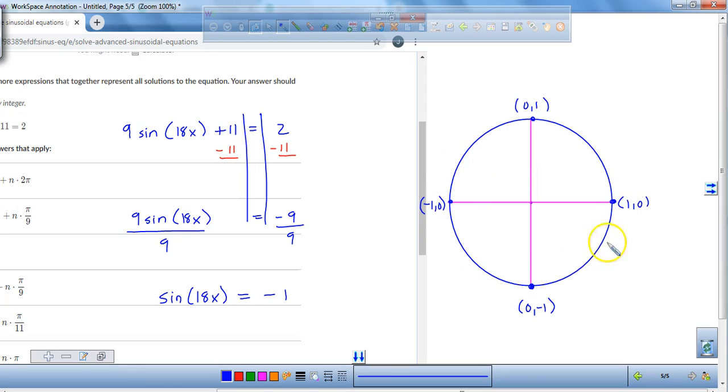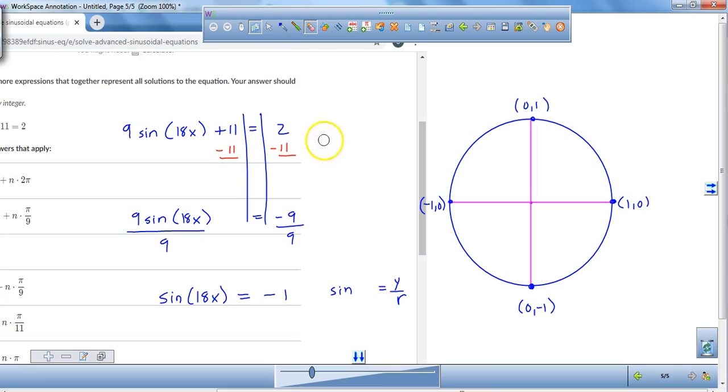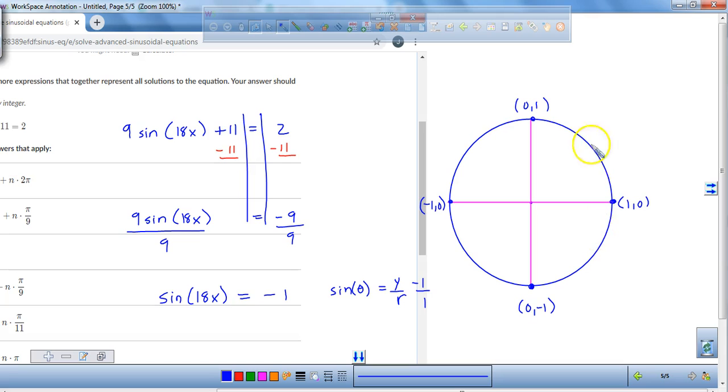So when you're looking at the unit circle, where am I going to get, if the sine of x just by itself equals my y value over my r value? The sine of theta is y over r. Where's the y value negative 1 and the r value positive 1 on the unit circle?